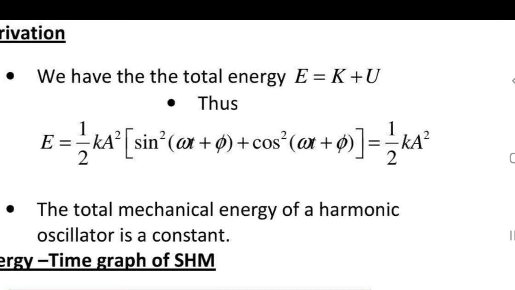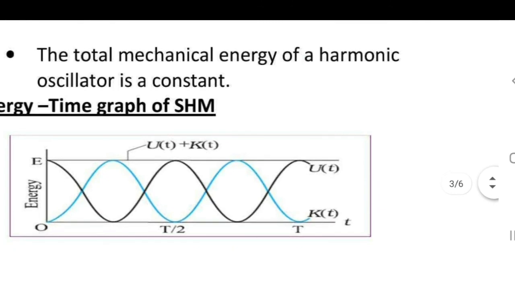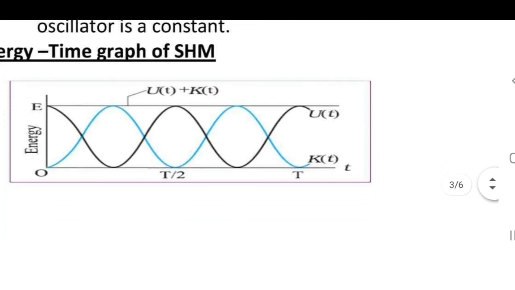Now the variation in kinetic energy, potential energy and total energy we can represent in the form of a graph. So here we have the energy-time graph. We already mentioned both kinetic energy and potential energy are periodic functions of time with a time period T by 2. Those graphical representations are as shown.